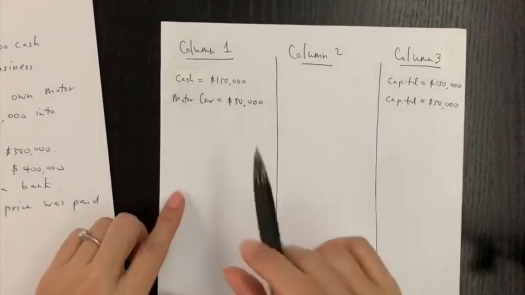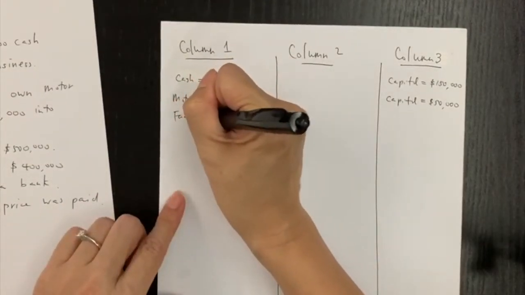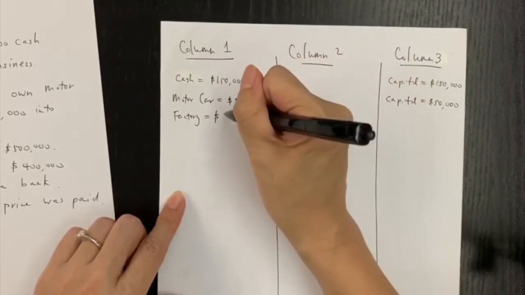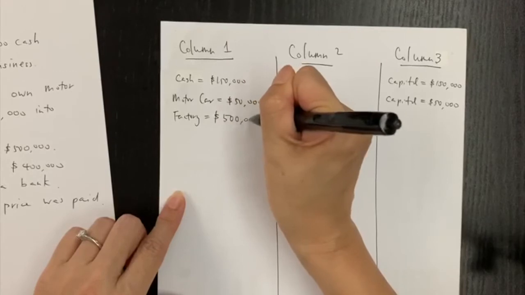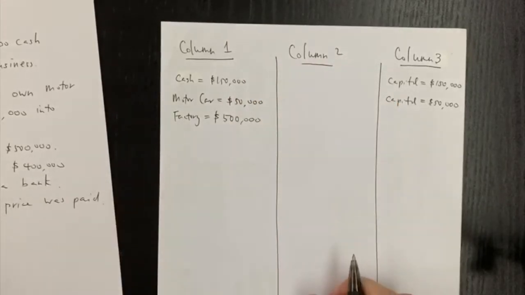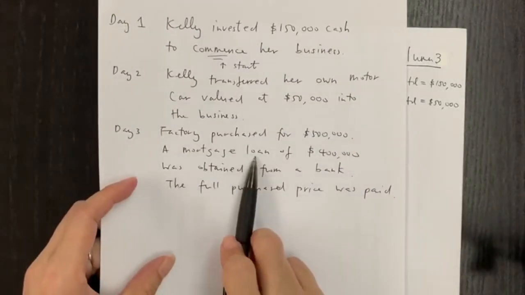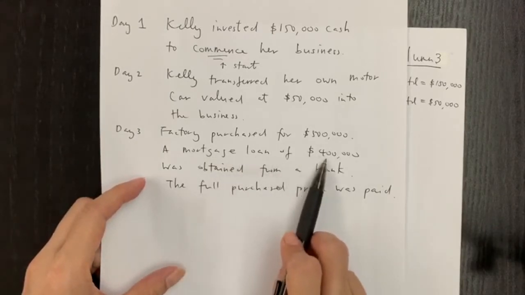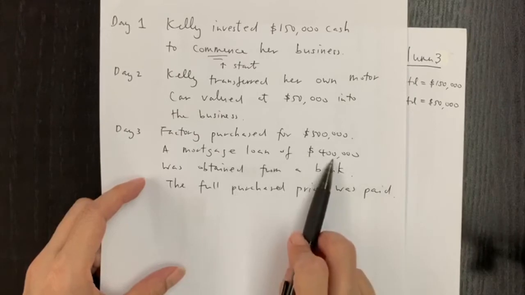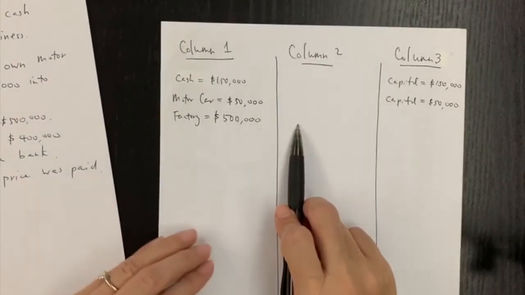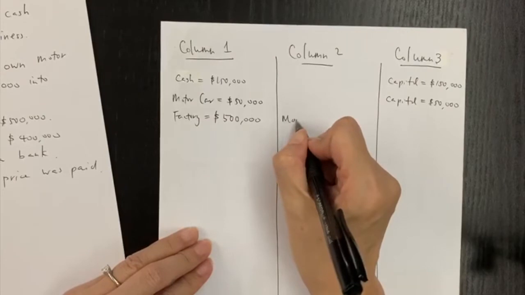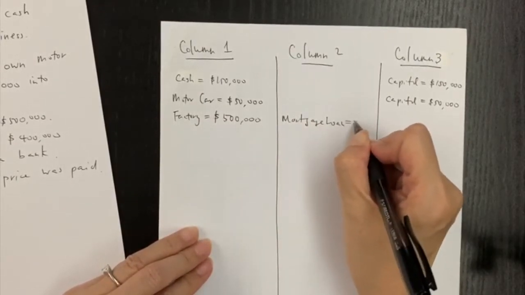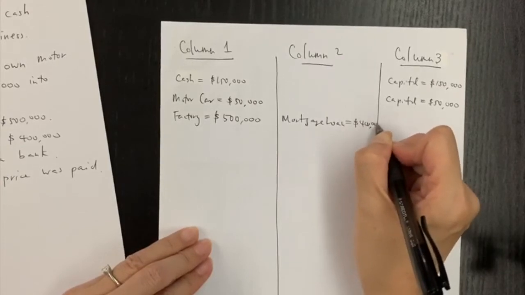So what do we have in column 1? This is column 1. We have factory, and the value for factory is 500,000. Now we have mortgage loan. Because we do not have enough money, we go to the bank to borrow 400,000, and we put this 400,000 in column 2. We call that mortgage loan, and this is 400,000.